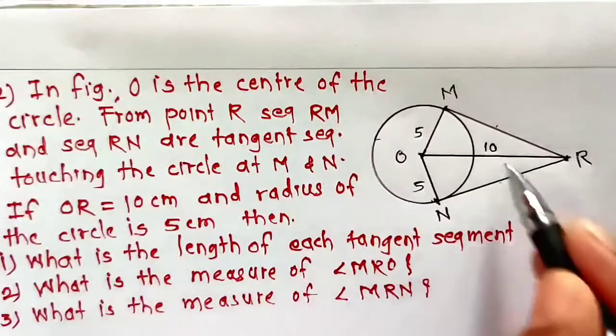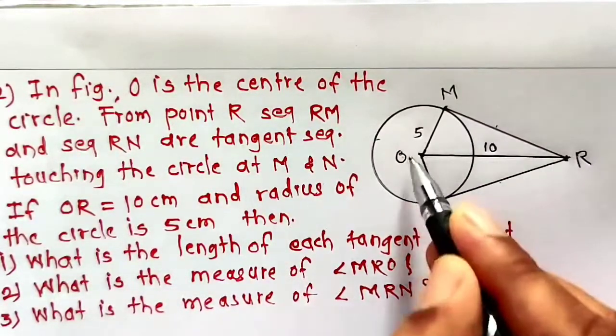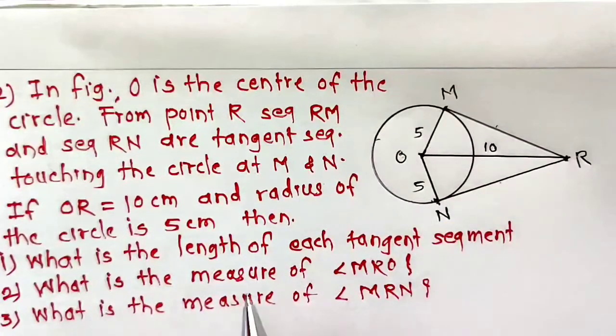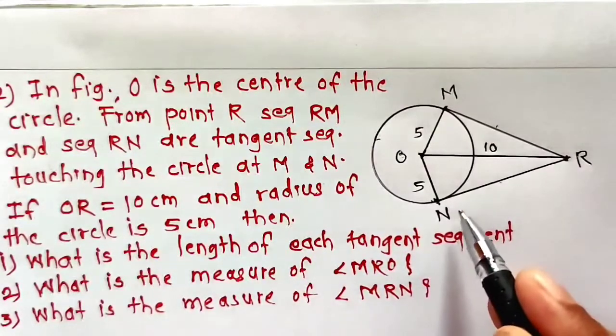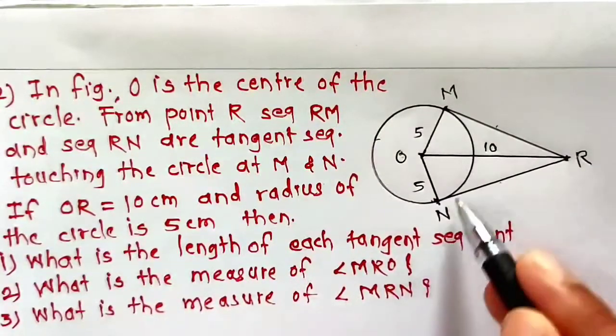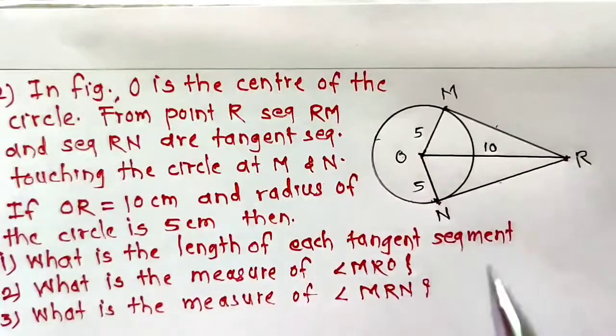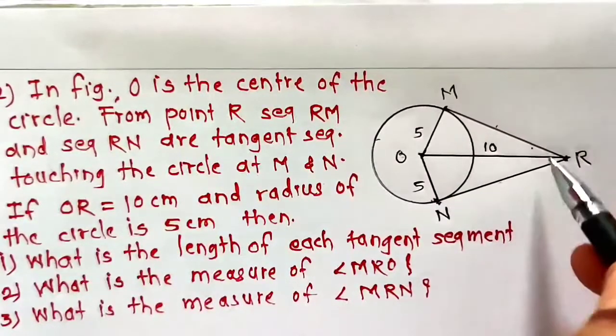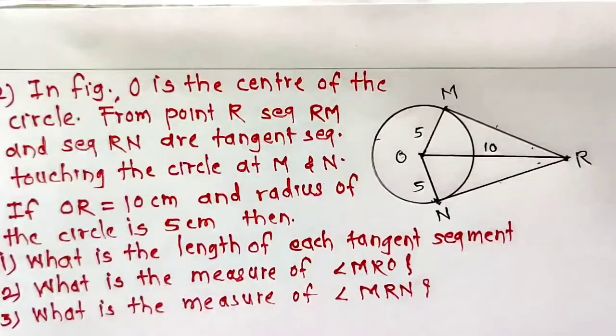What is the measure of angle MRO? And then what is the measure of angle MRN? That we have to find. Means this one and then this one. So let us see the answer.